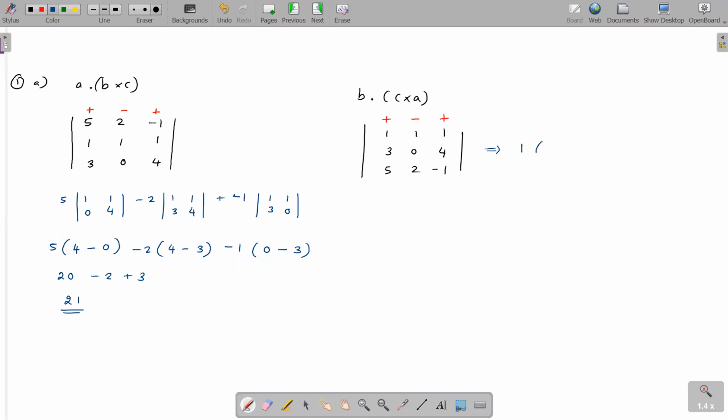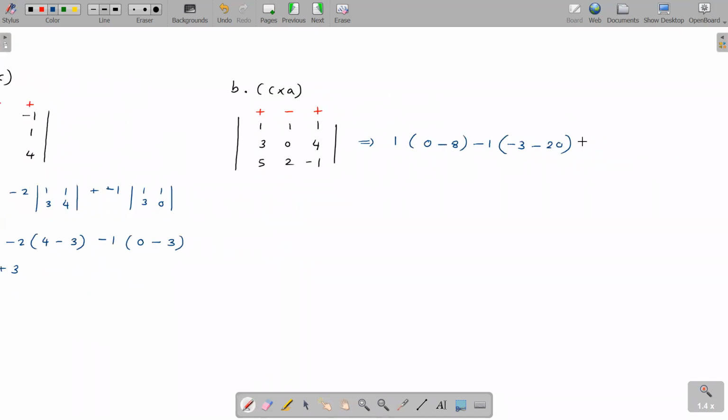Plus 1 times, directly I'll write the bracket. Removing this row and column, 0 into minus 1 is 0. Minus 4 times 2 is 8. I'm doing it immediately, but if you want, you could do it manually. And then minus 1 times the second bracket. Remove the row and column with 1 0 to 1 1 1. What's remaining? 3 times minus 1 is minus 3 and minus 4 times 5 is 20.